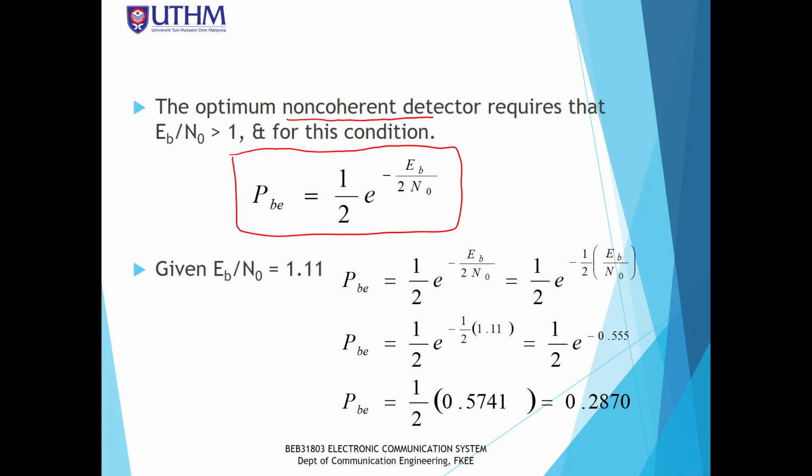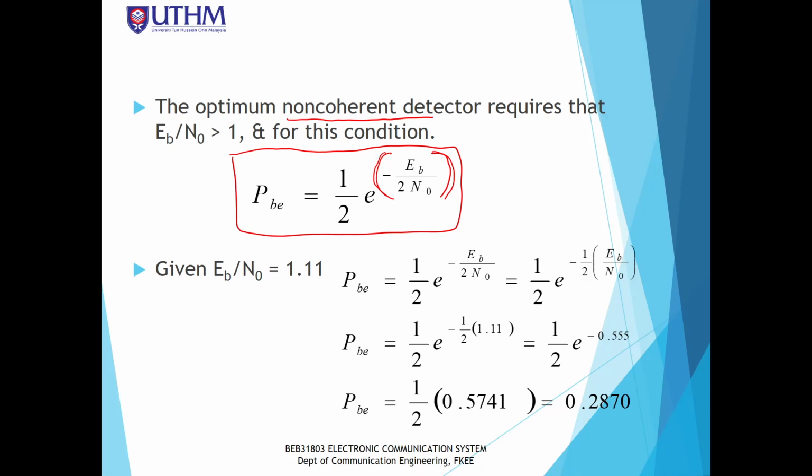The probability of bit error is equal to 1 over 2 e power of minus EB over 2N0. I put brackets here because this belongs to the function of e or exponent.